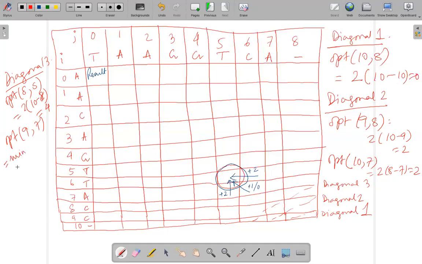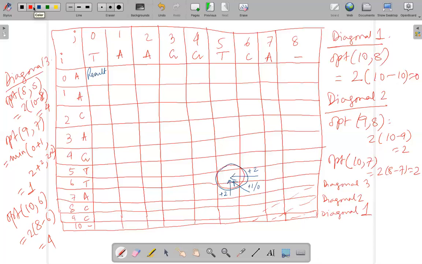So this is the minimum of 0 plus 1, 2 plus 2, and 2 plus 2. We are obtaining this from the previous OPTs. This is 1. And the third entry in the diagonal, OPT 10, 6, is 2 into 8 minus 6, that is 4.